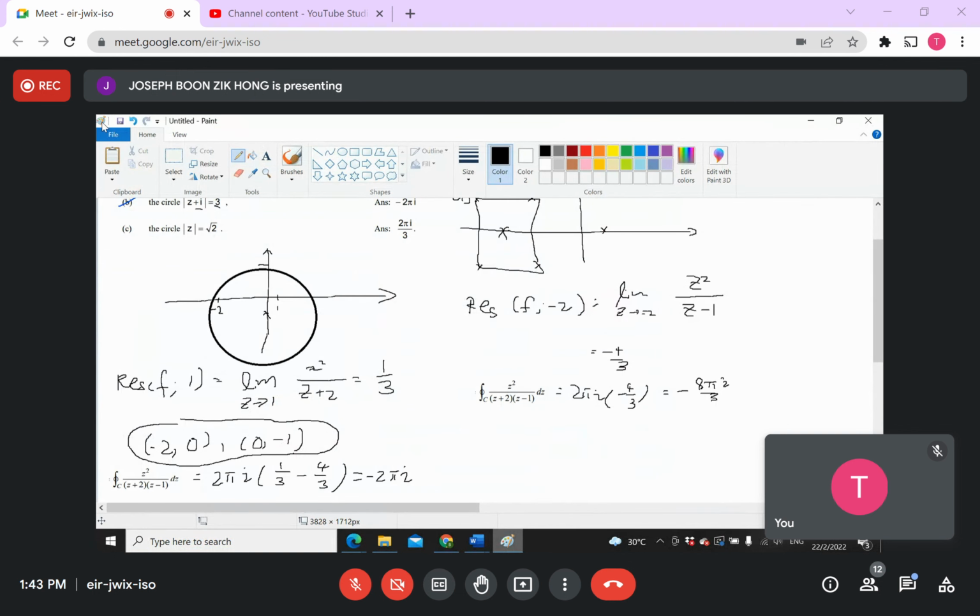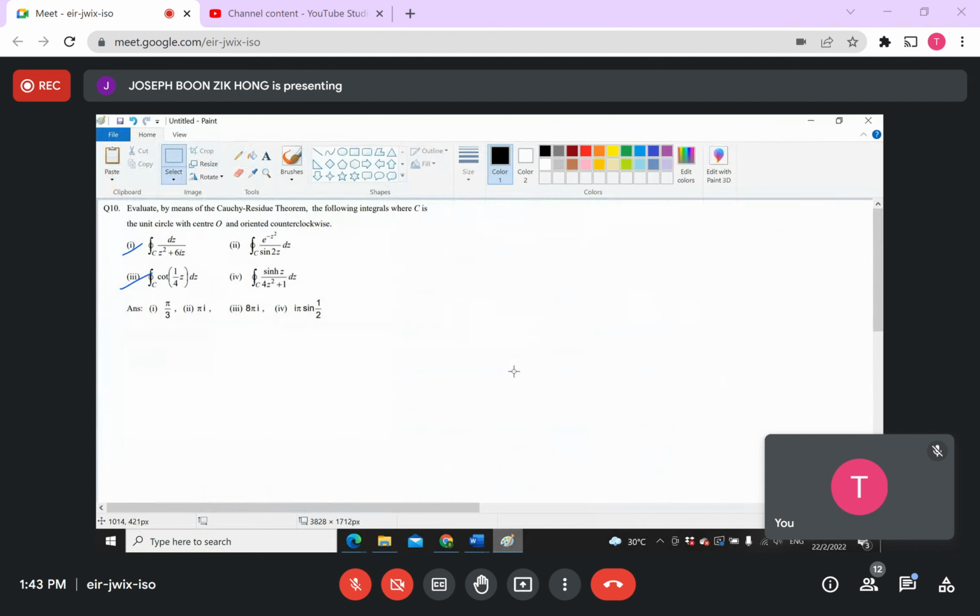You can check on your own. Okay, so this one, I do question 10-1. So again, I have dz divided by this one, I can take out the z. So that I have z plus 6i.